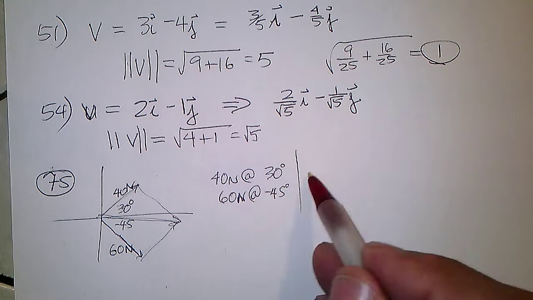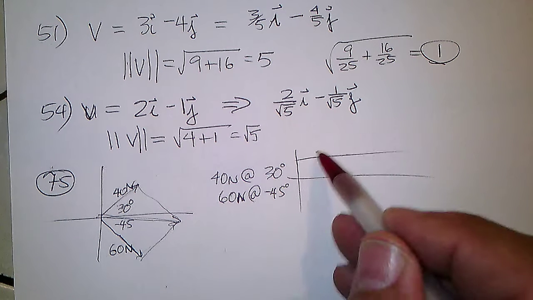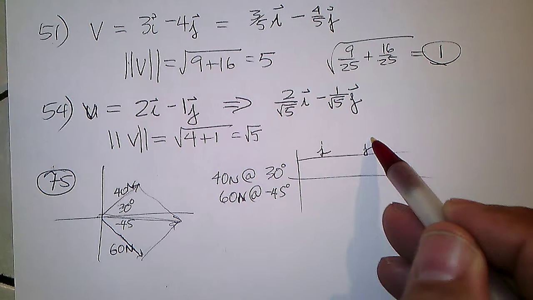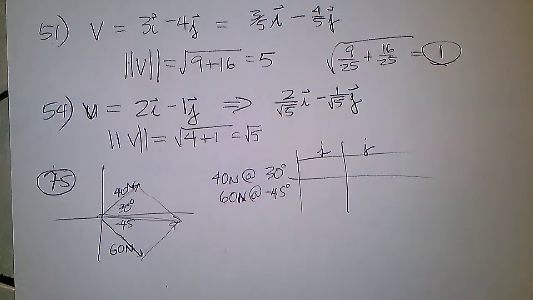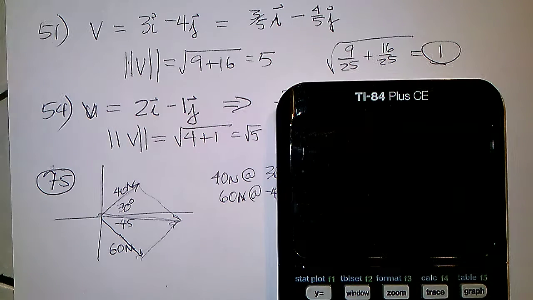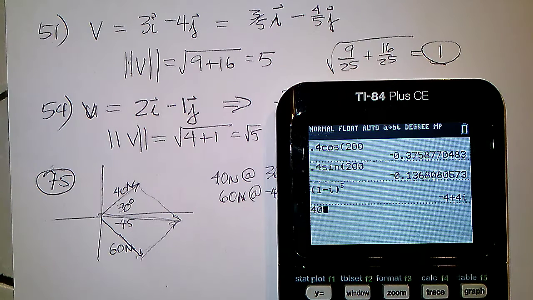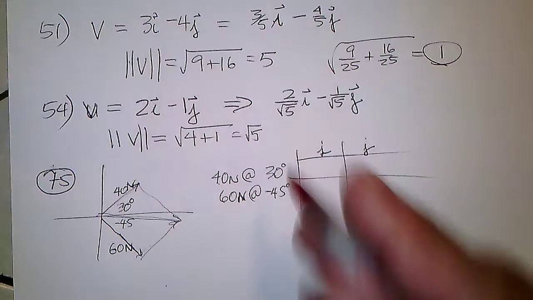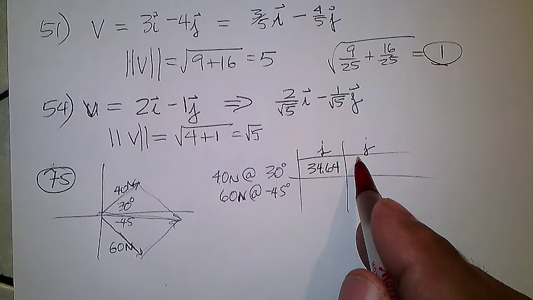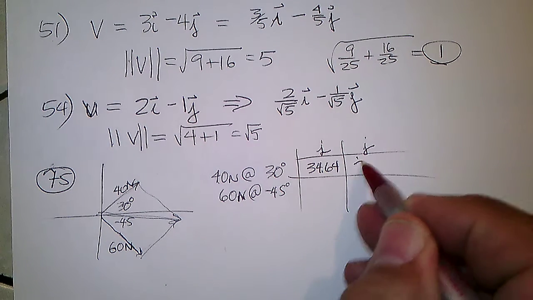And if I change them into the I and j directions, it'd be 40 cosine of that, which is 40 cosine of 30 is 34.64. And the y direction would be 40 times a half, which is 20.